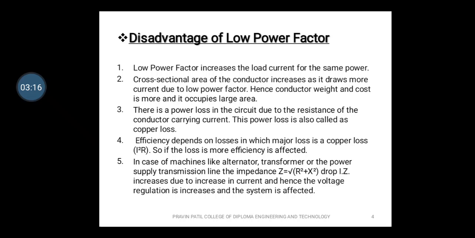Due to the larger cross sectional area, the weight and cost of the conductor also increase. Due to the high load current drawn, it increases the I square R power losses, that means copper losses. This is one of the important disadvantages of low power factor.